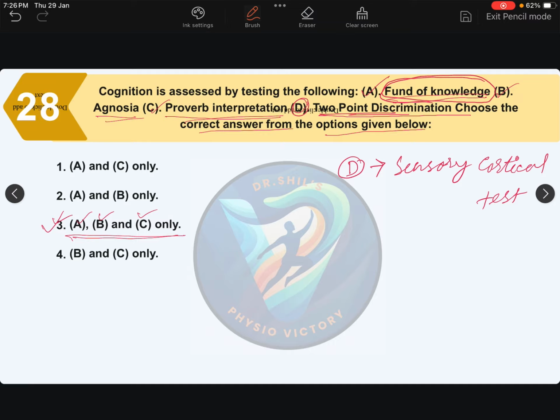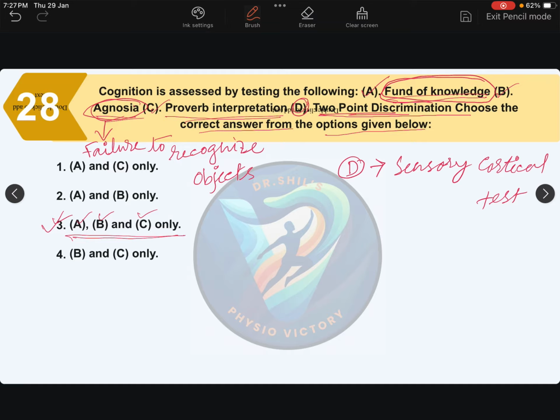Agnosia is a failure to recognize objects.